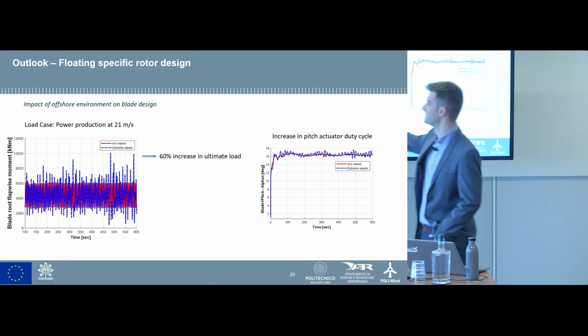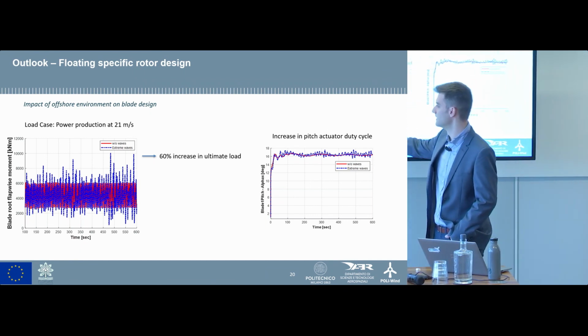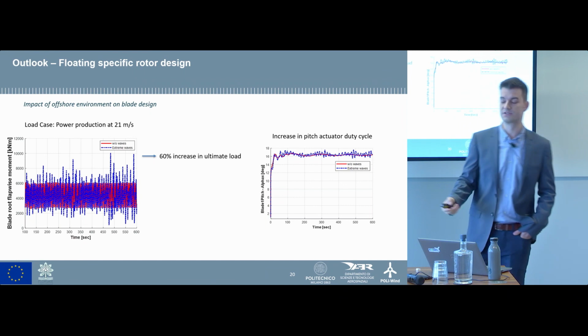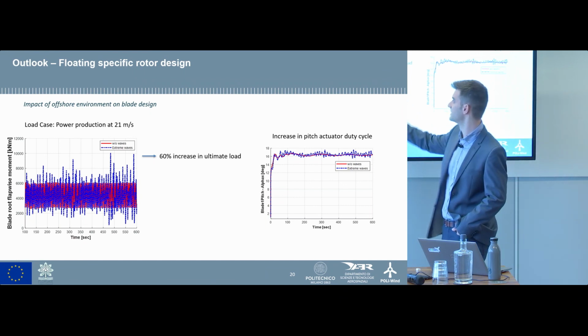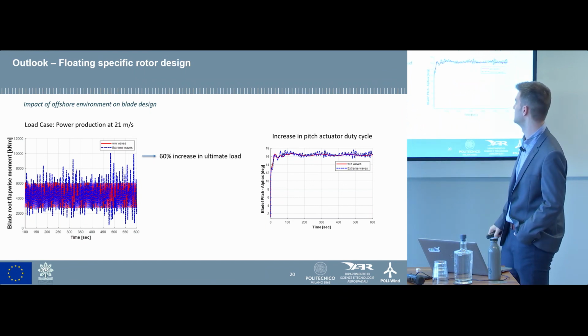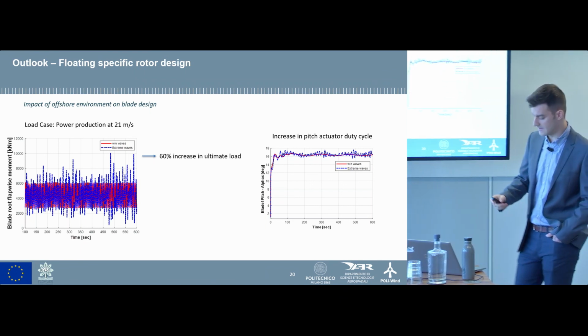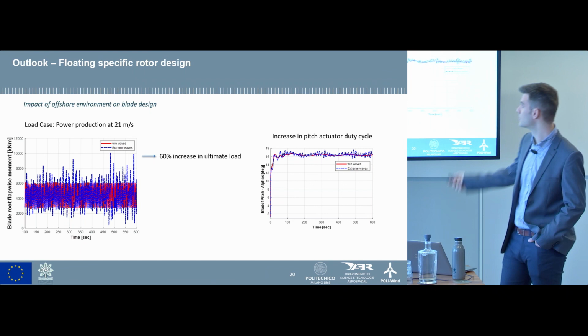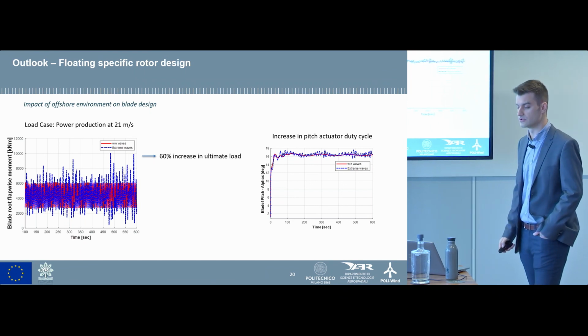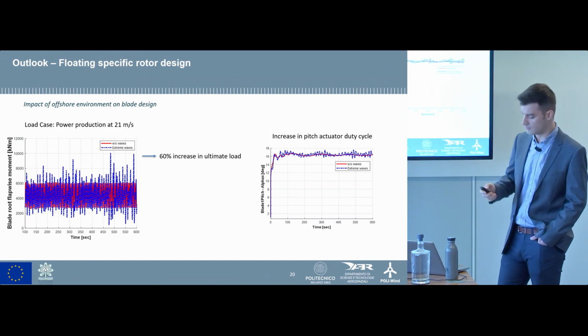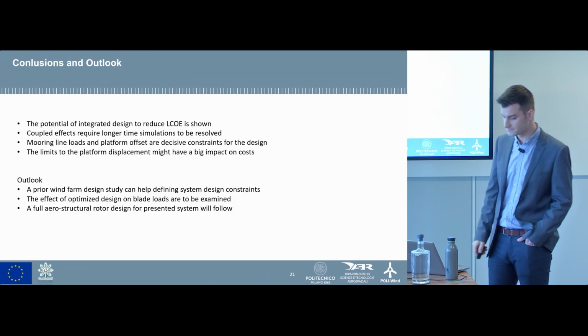So we can see the differences between the extreme cases without the waves and with extreme waves. So there is a 60% increase in ultimate loads, as you can see here. And obviously, this will also provoke an increase in pitch actuator duty cycles due to the motion of the rotor.